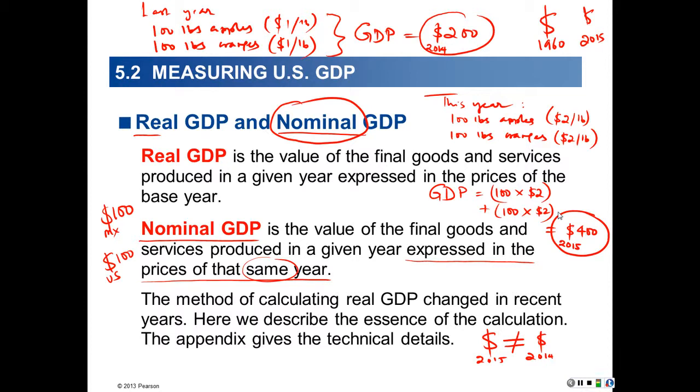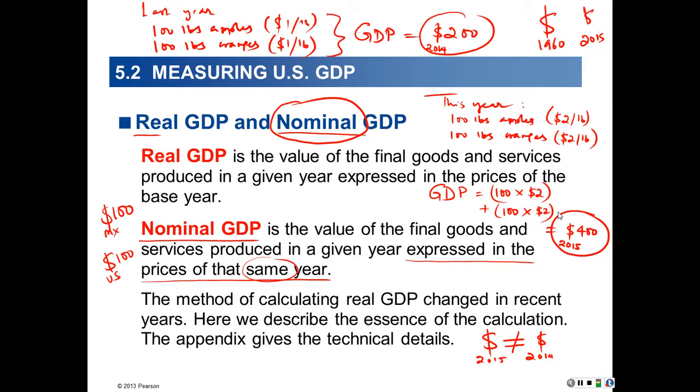We took the physical output of apples and oranges and converted them into money terms by using the prices from those years. We used a price of $2 a pound for apples and $2 a pound for oranges for 2015. And we used $1 a pound for apples, $1 a pound for oranges from the year 2014. So these are nominal GDPs.